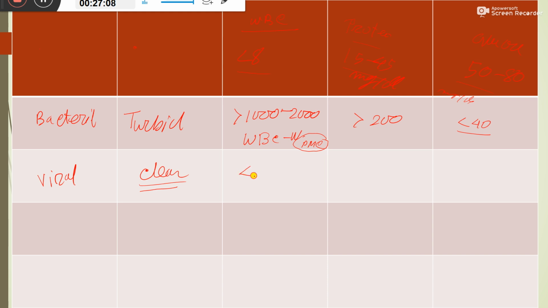You can see WBC count less than 300, and most are lymphocyte predominant. Protein is mildly raised, under 200 milligram per dL, and glucose level is normal because viruses do not destroy the CSF glucose level much.